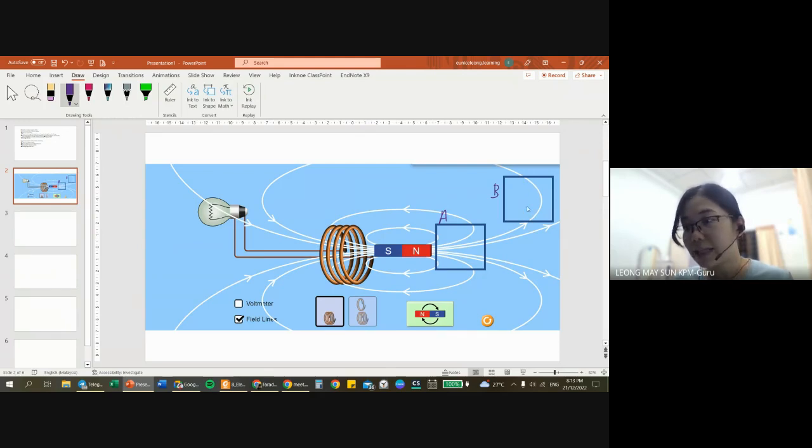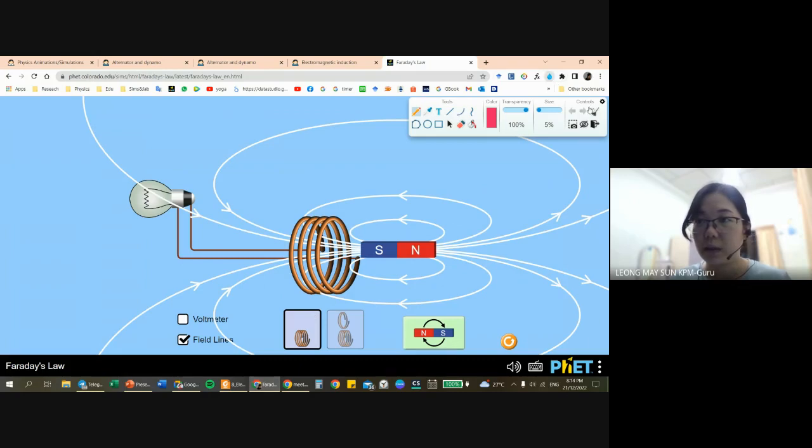The magnetic field lines per unit area is what we call magnetic flux. So when more magnetic flux is cut through by this coil or conductor, it will induce more current.